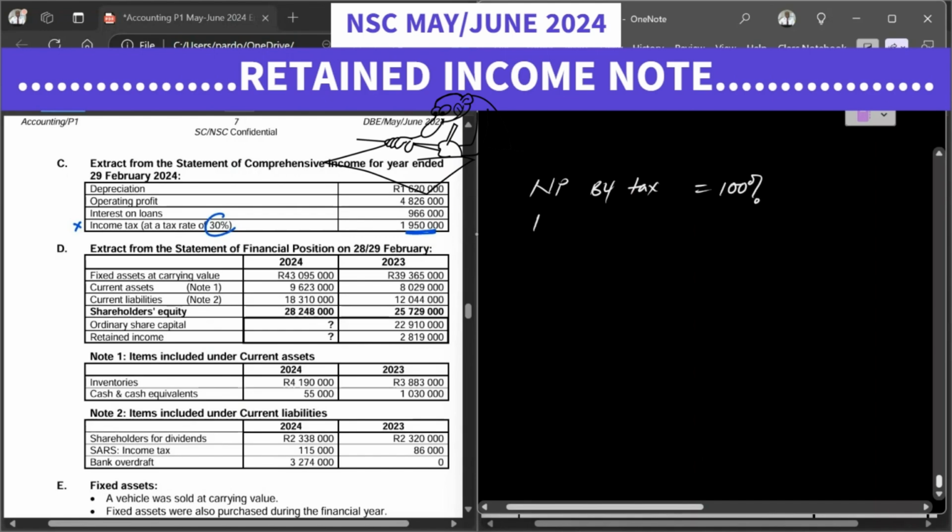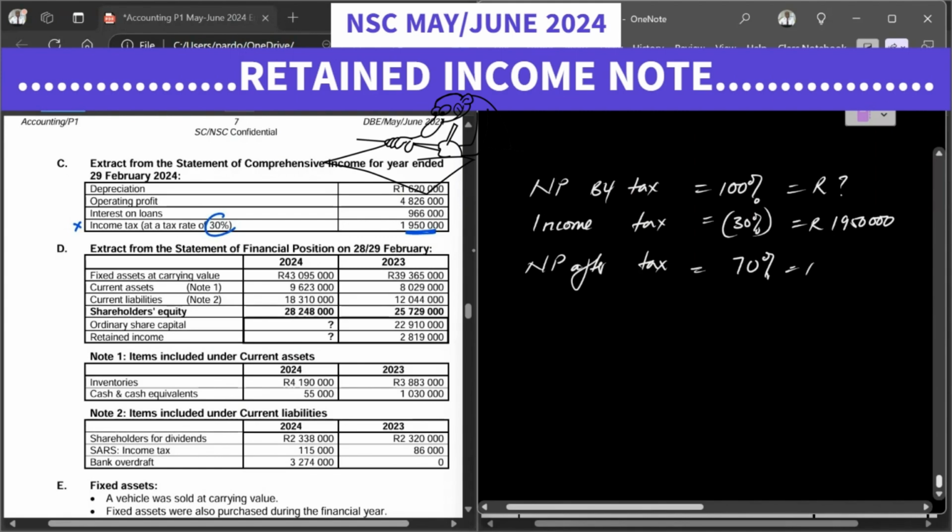And then you subtract income tax, and we're told that the income tax is 30%. So we're subtracting 30%. Here we don't know the rand value, but here we do know the rand value, which is 1,950,000. And then we'll get what we call net profit after tax, which is my 70%. And we also do not know its rand value.